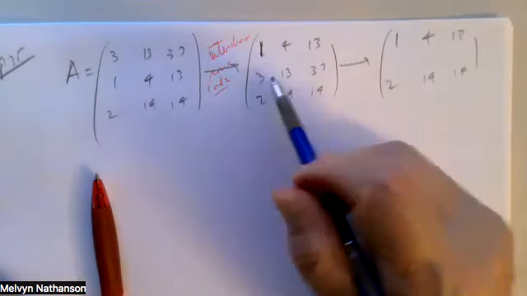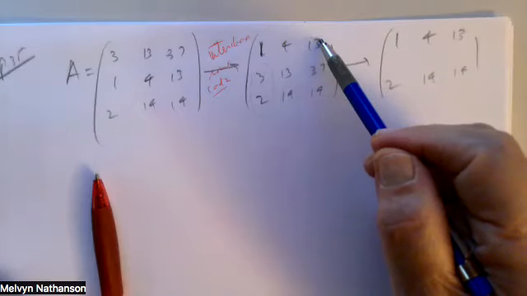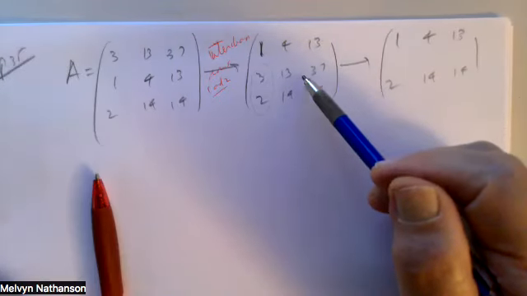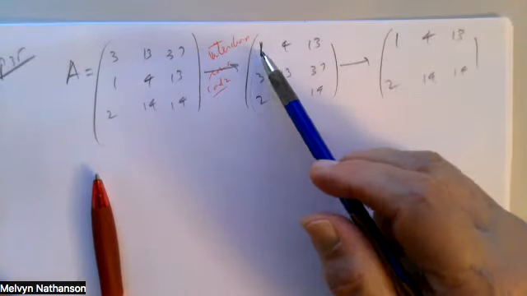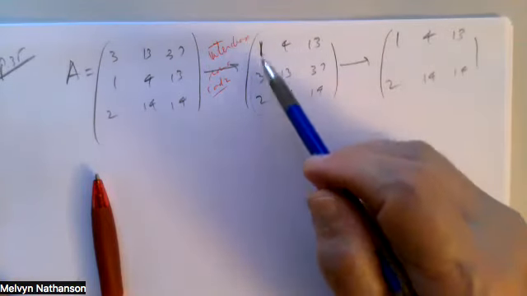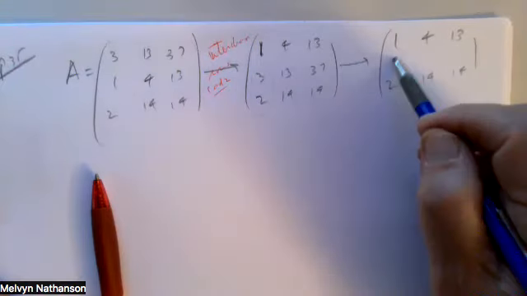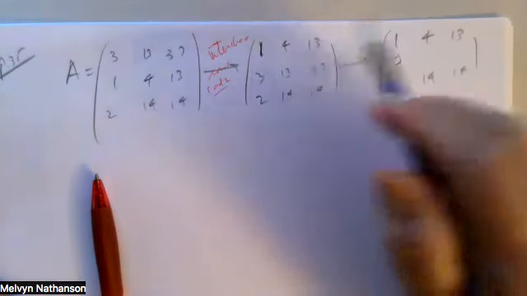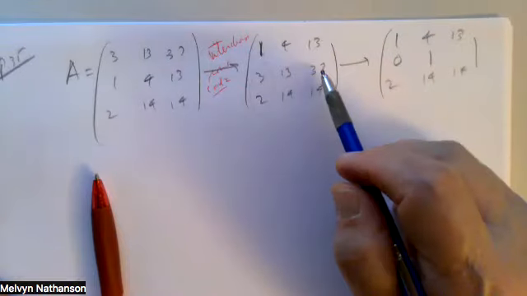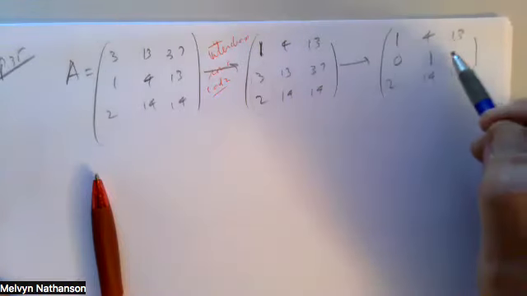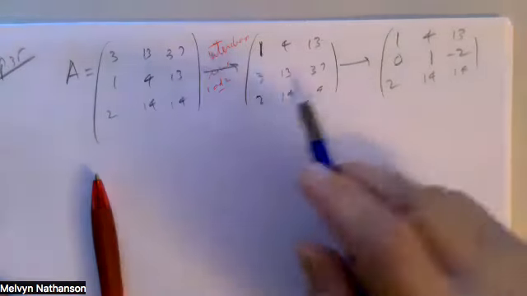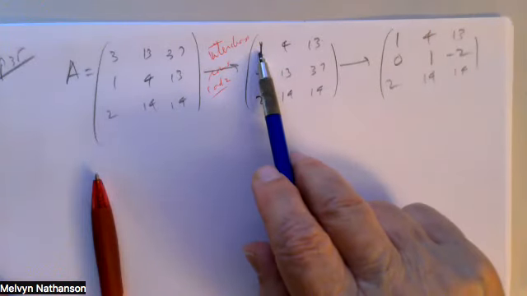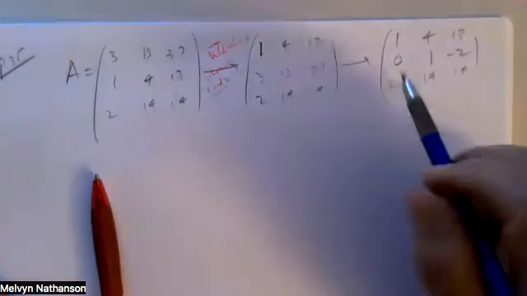To get a 0 here, I add -3 times row 1 to row 2. Or same thing, I subtract 3 times the first row from the second row. So 3 minus 3 is 0. 13 minus 12 is 1. 37 minus 39 is -2. So I subtracted 3 times the first row from the second row.